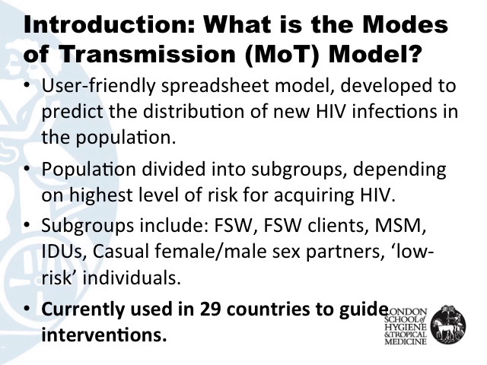So moving on to the first slide, I'm sure a lot of you have probably heard of the modes of transmission model. It's been used incredibly extensively in 29 countries, at least so far. It's been very important the last 10 years really in terms of forming policy and influencing decision making.